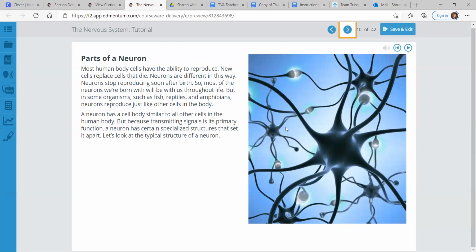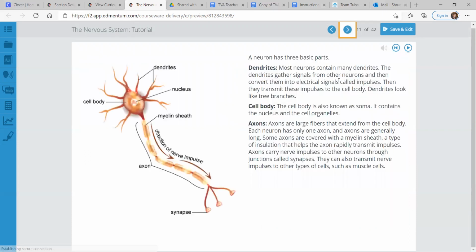A neuron has a cell body similar to all other cells in our human bodies. But because transmitting signals is its primary function, it has specialized structures that set it apart from other types of cells. And we're going to look at what is inside a neuron.